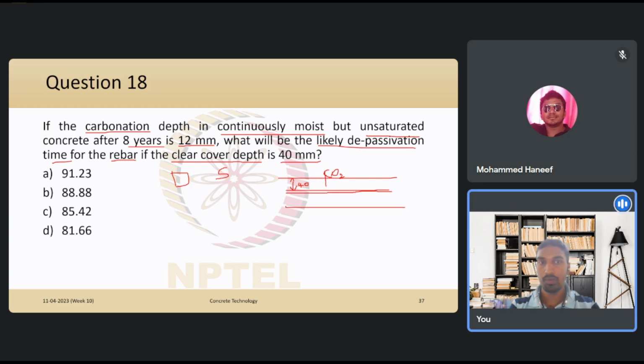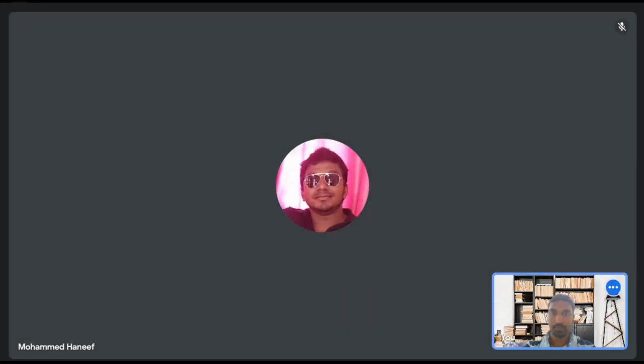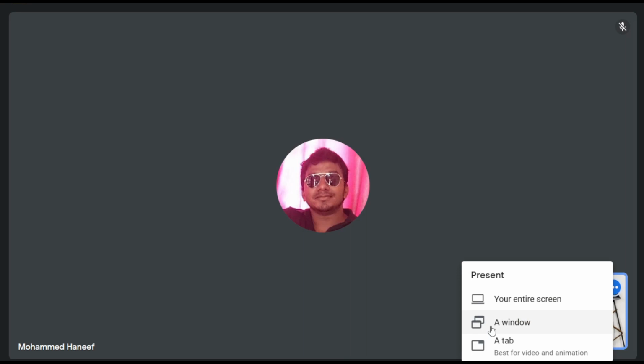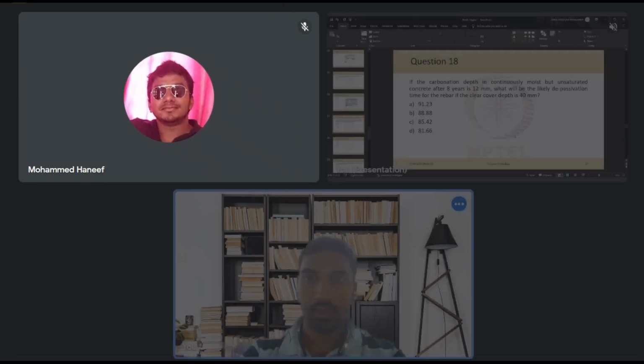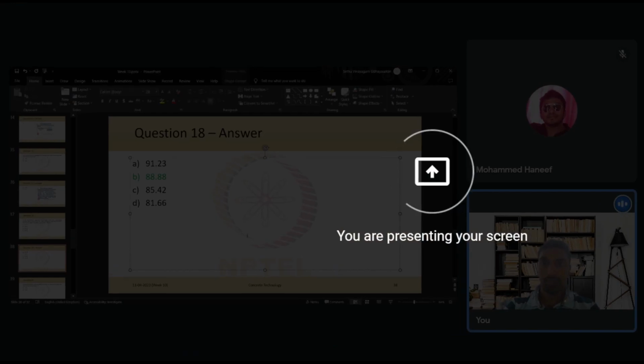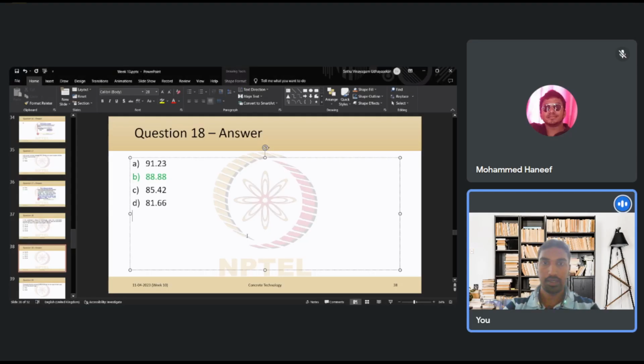Therefore there will be one particular time at which the rebar will start getting affected. That is the time that we want to find. Now let us see how to find that. Let me reshare. So, the carbonation model that we saw earlier.